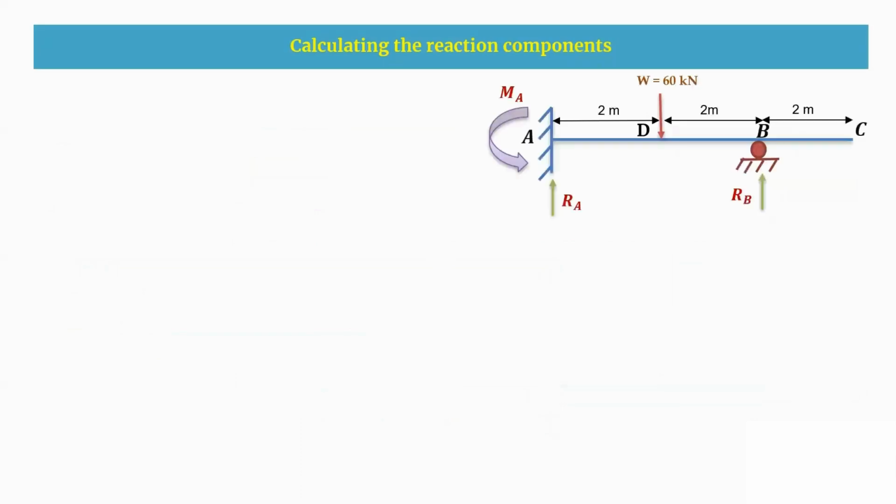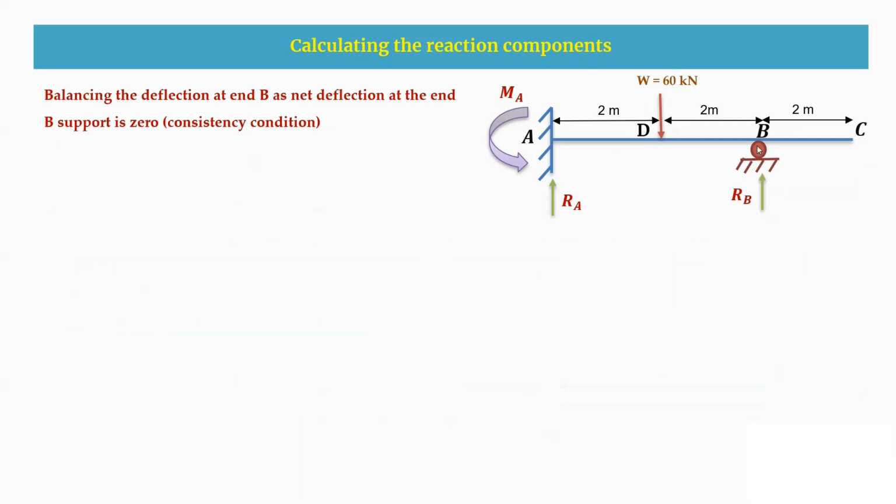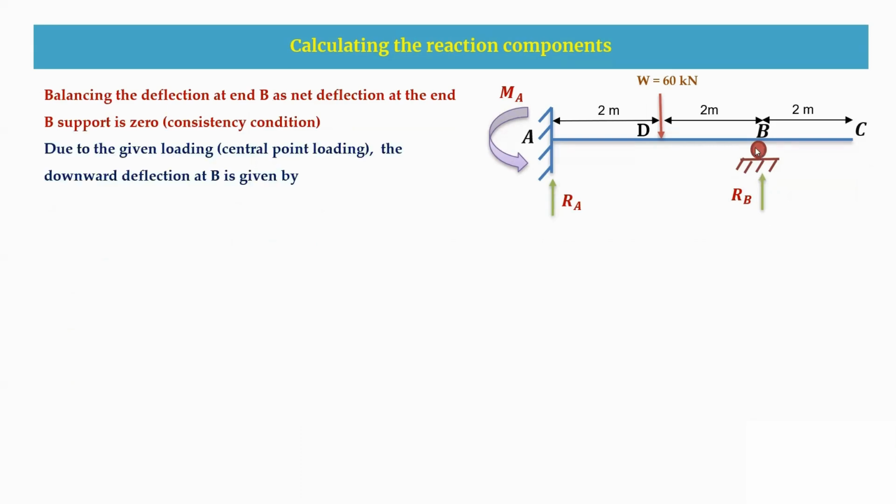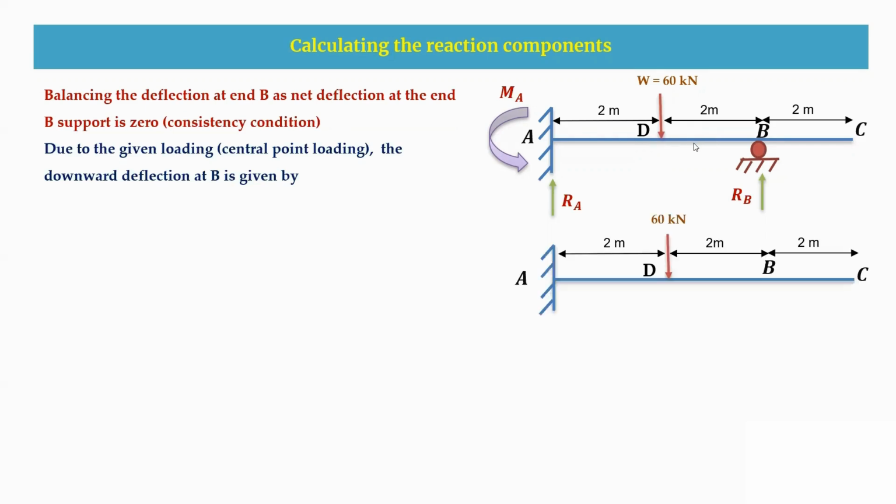So to calculate the reaction components for this entire proper cantilever beam, at this B support, we are making the net deflection to be 0. So due to this given loading condition, as we are having a central point load acting here for this AB cantilever beam, the deflection we are going to calculate at this B support.